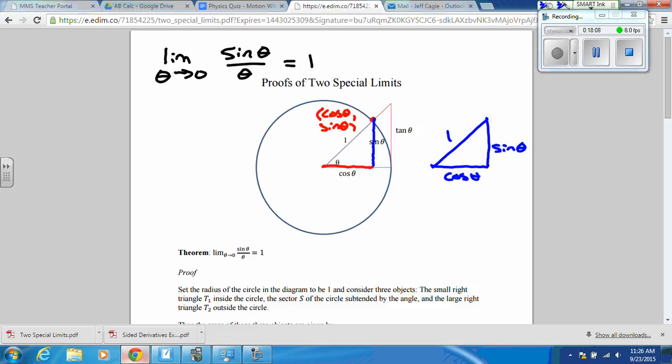And if I now go all the way out to the edge of the circle and draw a tangent to the circle, and have that tangent intersect the secant of the circle right here, then I get a larger triangle, whose side is tangent and whose hypotenuse is secant. So this is a larger triangle.